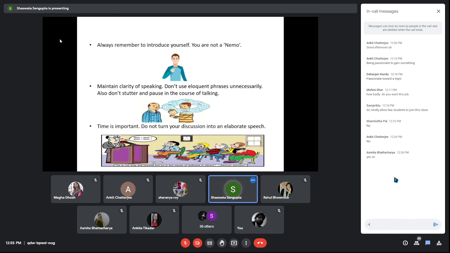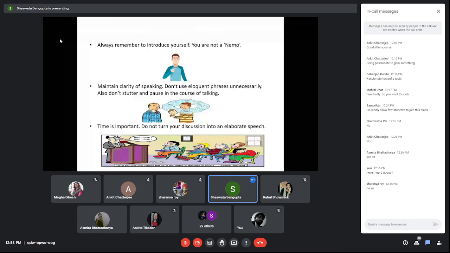The word inductive means to bring in something. Good. So inductive approach basically means bringing in an example.